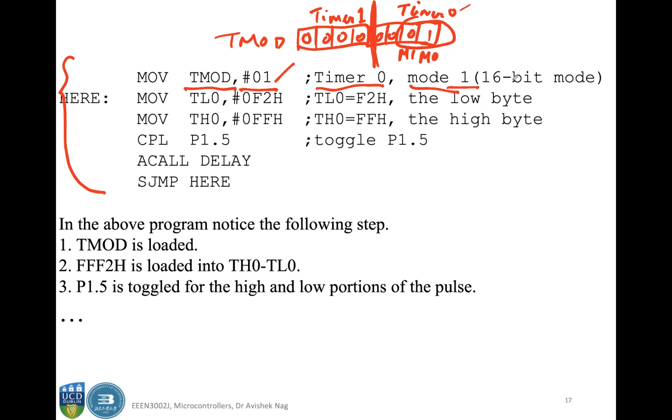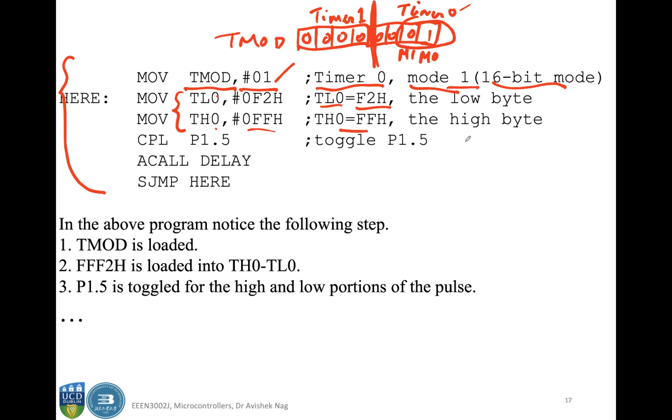That is the 16-bit timer mode. If you are using it as a 16-bit timer, then you have to load both TL0 and TH0 with some numbers, so that together they form the 16-bit number. Here we are loading TL0 with the low byte and TH0 with the high byte.